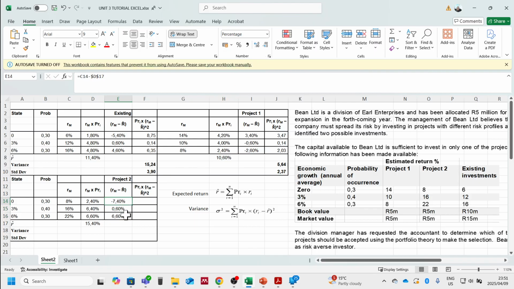So over here we're deviating by minus 7.4%. Over here we're deviating by 0.6%. Over here we're deviating by 6.6%. So from 15 anticipated now to 15%, we have a negative outcome of 6.6% in terms of deviation, whereas over here we've got a positive outcome of 7.4% from 8 to 15.4.